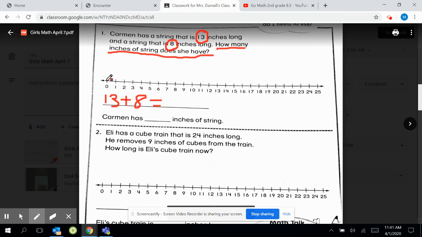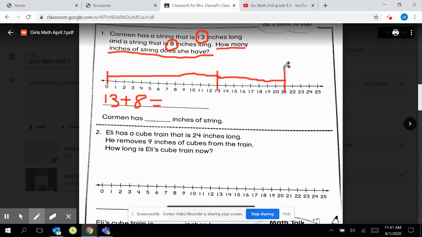Okay, so we can use our number line to help us, and we start here at 0 and we go until we get to 13, because she has 13 inches, doesn't she? And now is going to be the tricky part where we count on here, because we're going to count 8 more. So this is 1, 2, 3, 4, 5, 6, 7, 8.